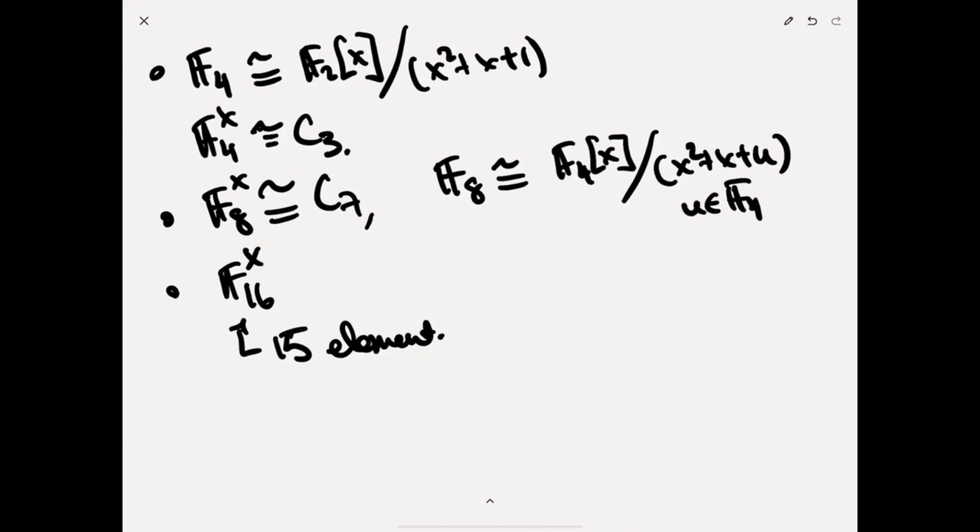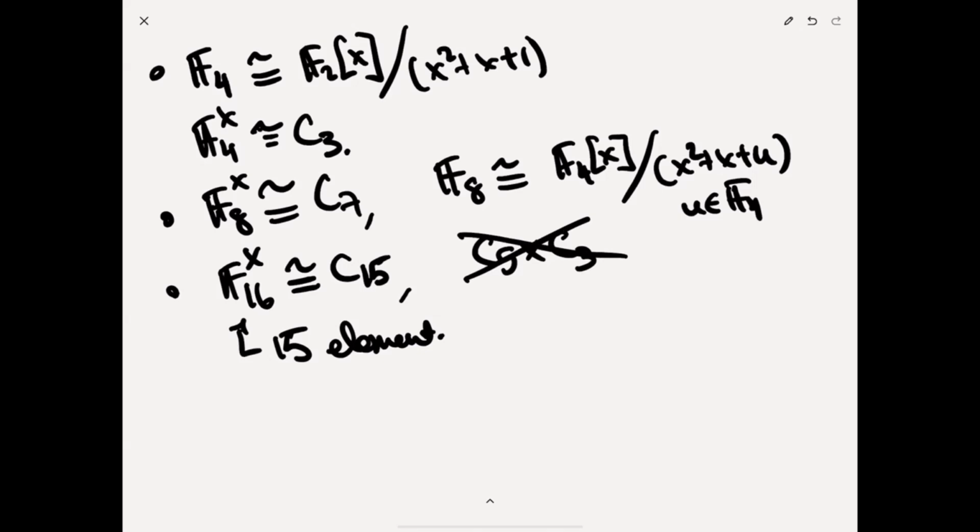So this is F16, and this thing is isomorphic to C15. And now we didn't really know it was C15. It could have been C5 cross C3, right? But that doesn't happen. That's the point.